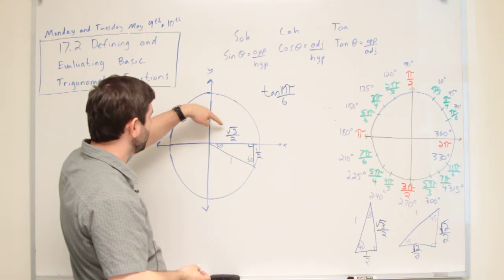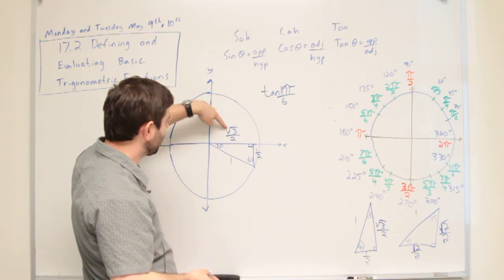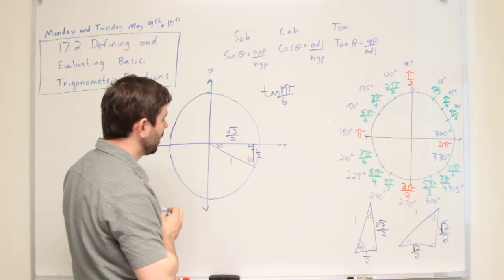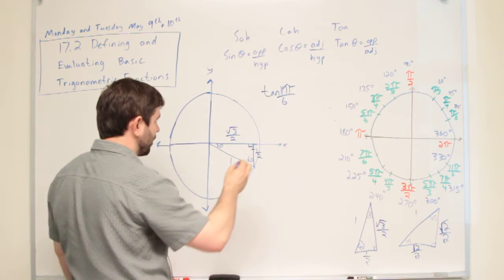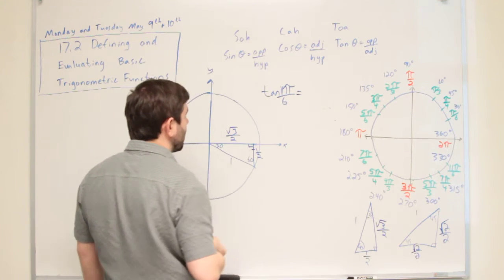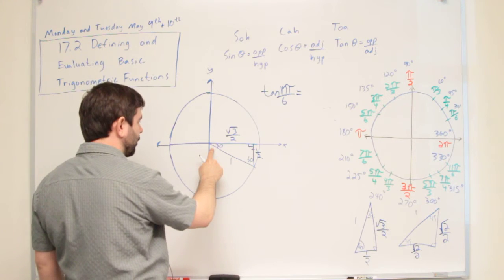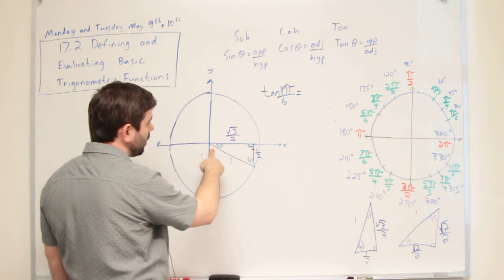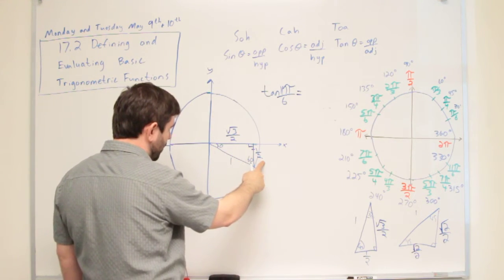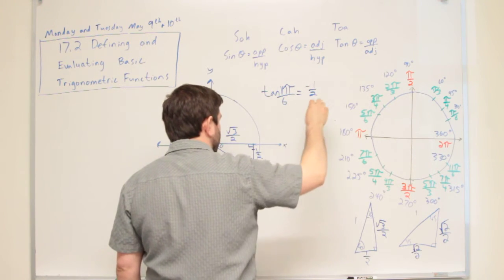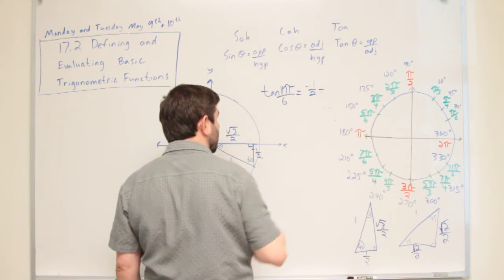Pay attention to our signs. Are they positive or negative? Well, this is going to the right. X is positive. This is going down. Y is negative. So tangent of 11 pi over 6 is opposite over adjacent. So starting at the 30, opposite negative 1/2. And I'm going to write my divide by like this.